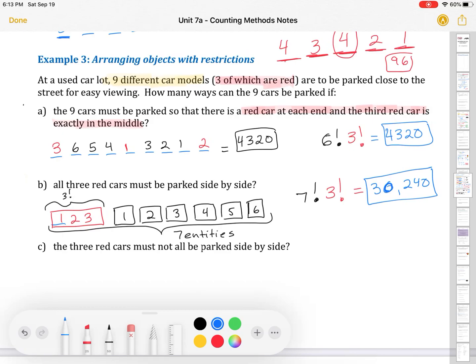Okay? The 3 red cars must not be parked side by side. So, how does that work? Must not all be parked side by side. So, we can't have them all together.